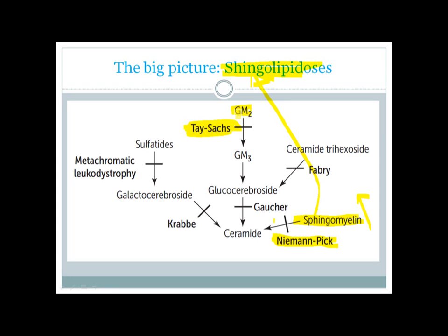He had a GM car, General Motors car, so the substance that accumulates in Tay-Sachs disease is GM2 ganglioside. The boy had poor vision, meaning he had a red spot on macula. And after injuring the witch, the boy had a hex on him.